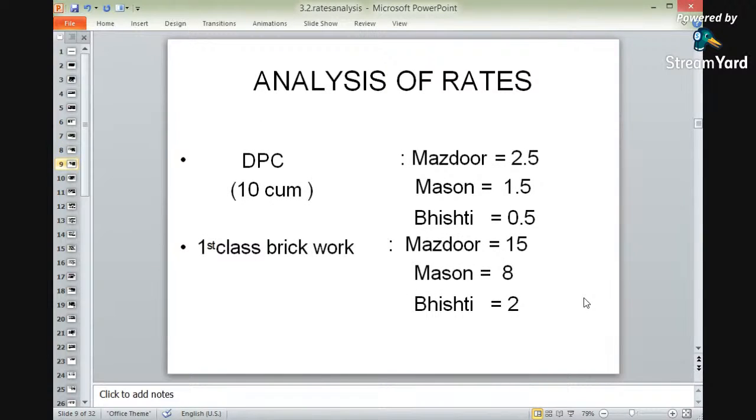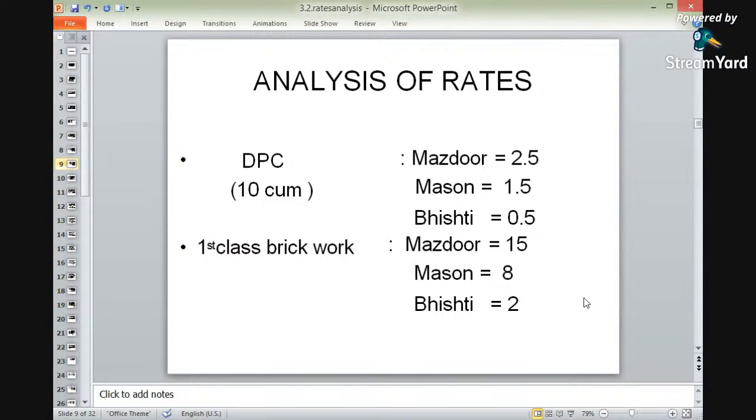Again, for DPC work, that is the damp proof course, we require 10 for 10 cubic meters. For the damp proof course, which we always lay, what is the purpose of DPC? Already we have discussed what the main purpose of DPC is.